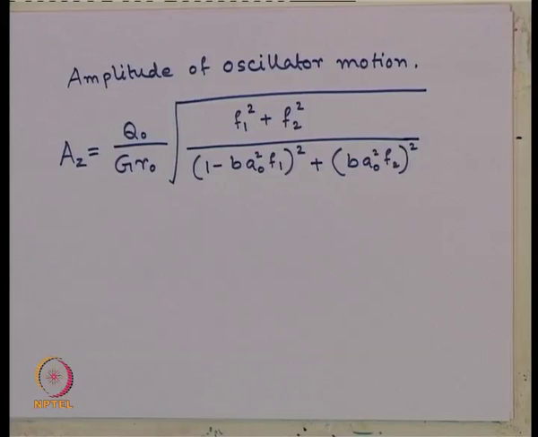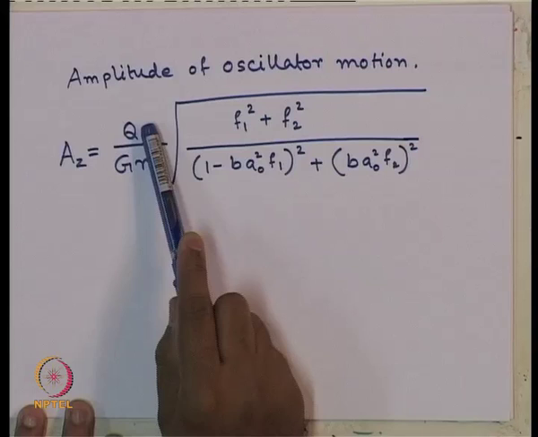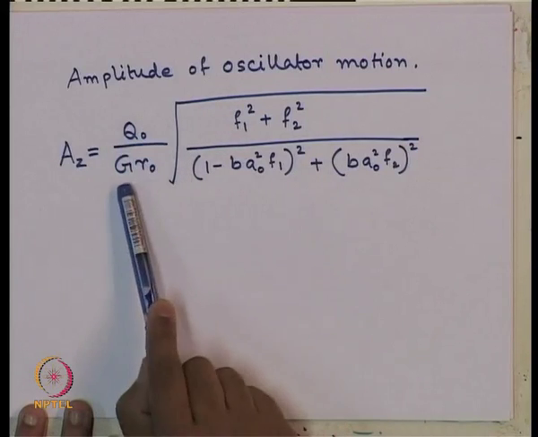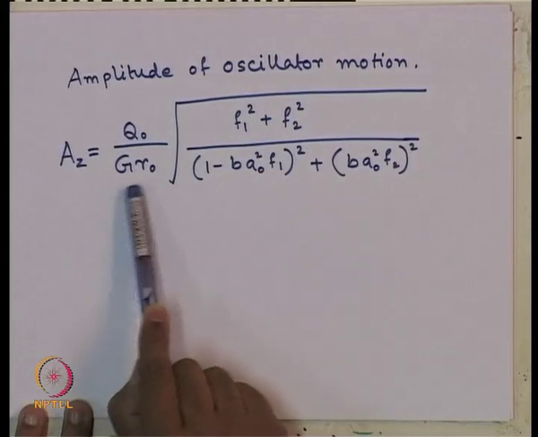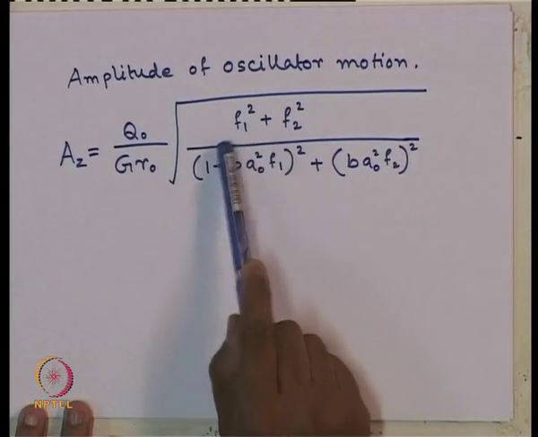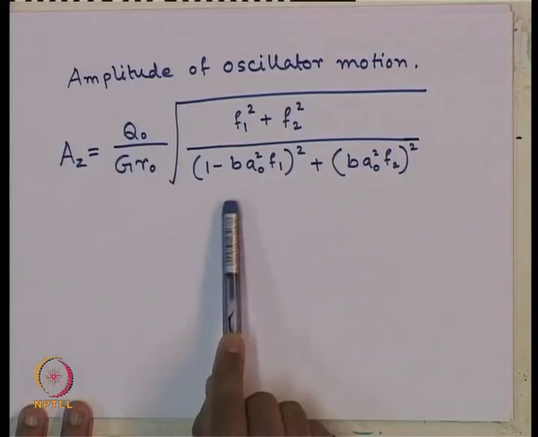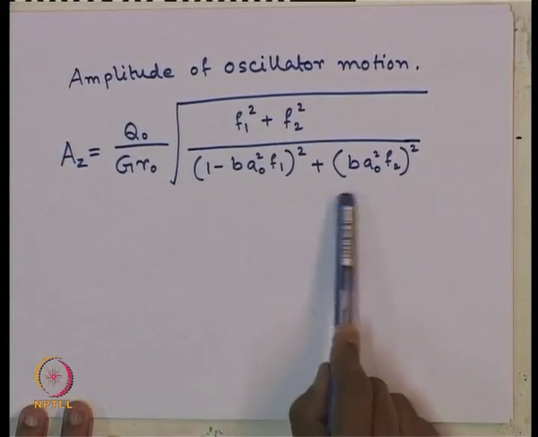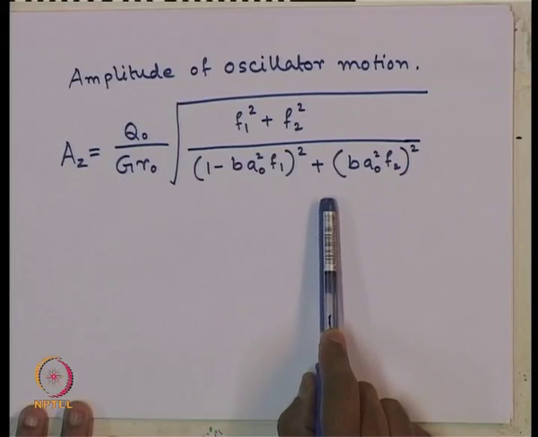These are nothing but derived basically from the similar concept of the mass spring dashpot model. Can you see? This Q naught is your amplitude of applied dynamic load; Q naught by G R naught, F1, F2 are the displacement functions. These terms will take care of the frequency ratio that we had used in the mass spring dashpot model.